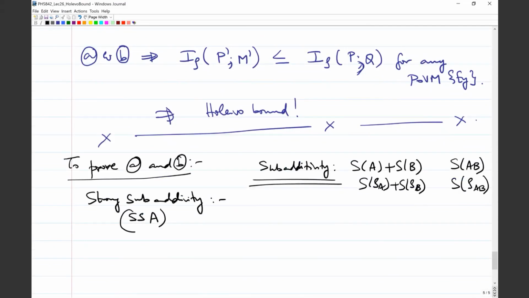So subadditivity of the von Neumann entropy. Okay, correct? Fine. So one easy way to think about this is if I take this side with a minus sign, what's the quantity on the left? One way is relative entropy, the other is mutual information. Yeah. So both of which are positive.